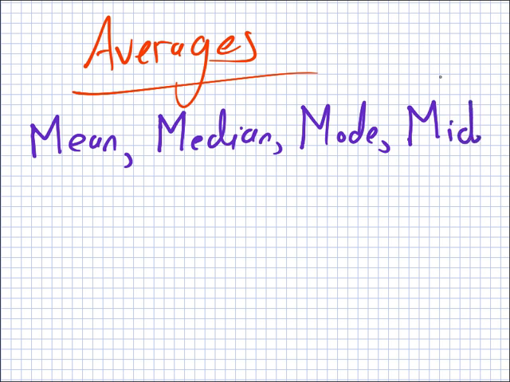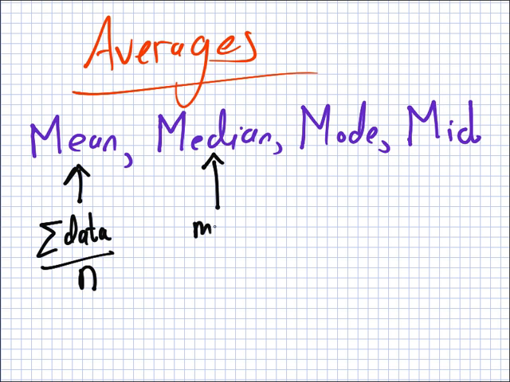So I think you've studied this before, so you probably already know the formulas. So how do you get the mean average? You add up all the data and then divide by the number that you have. How do you get the median? It's the middle number, isn't it? But this is after you put the data in order.